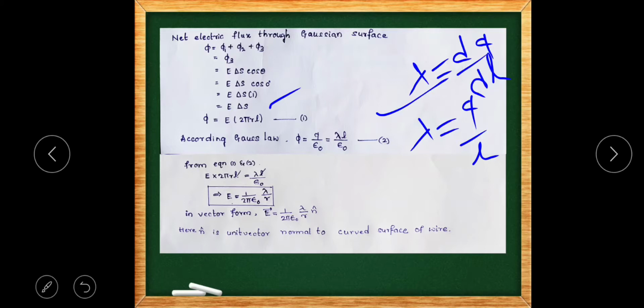Both are expressions for electric flux. Hence E into 2 pi RL equals lambda L divided by epsilon naught. Here L and L get cancelled. E equal to 1 by 2 pi epsilon naught into lambda divided by R. So this is the final expression for electric field due to a uniformly charged infinitely long straight wire. In vector form we can write vector E equal to 1 by 2 pi epsilon naught into lambda by R into n cap, where n cap is the unit vector normal to the curved surface of the wire.